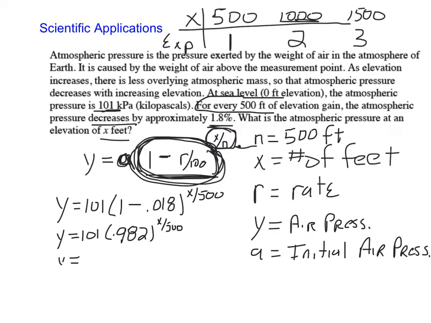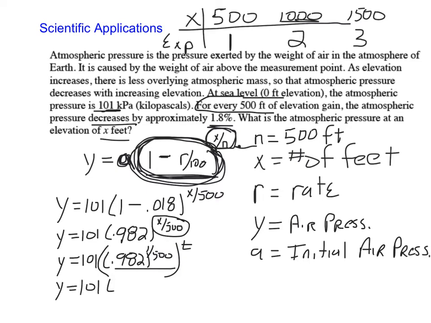which can also be written as 101 times 0.982. We got a little bit of a power to a power up here of 1 over 500 raised to the t. Now if you take 0.982 raised to the 1 over 500, on your calculator that would look like this.